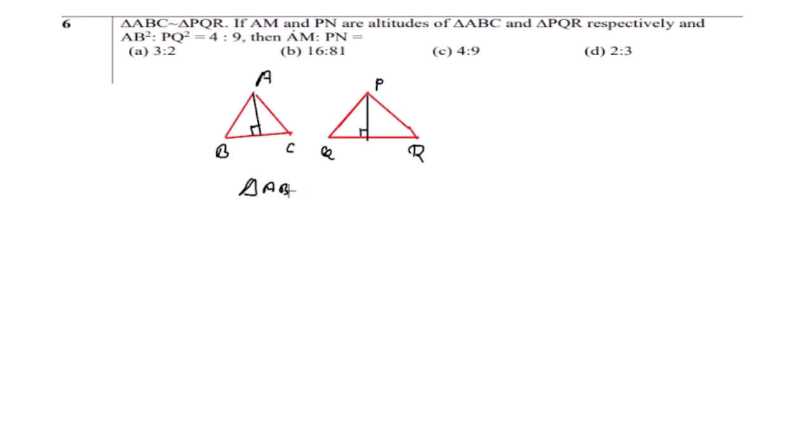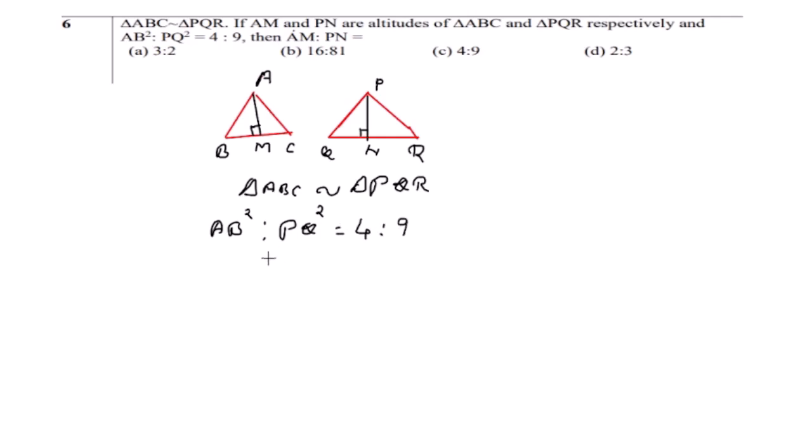If AM and PN are altitudes of triangle ABC and triangle PQR respectively, and one more condition we are given, that is the ratio between AB square and PQ square is equal to 4:9.